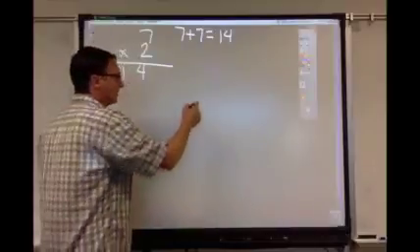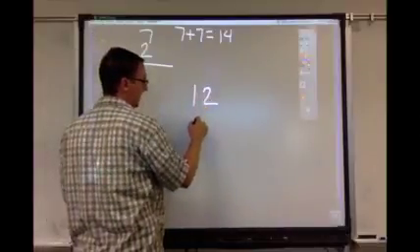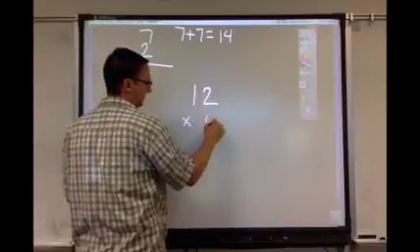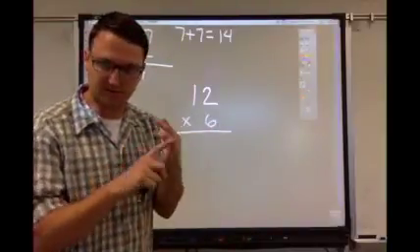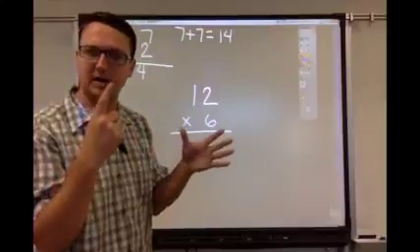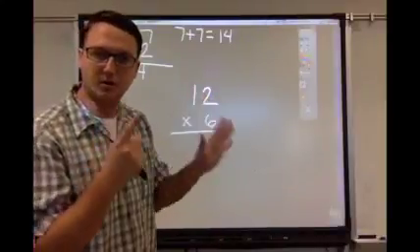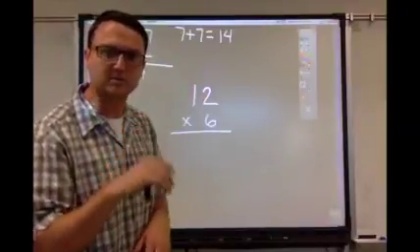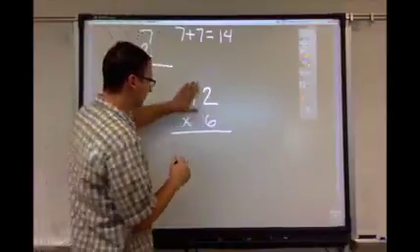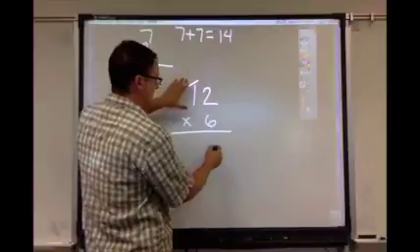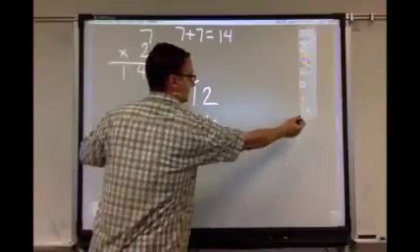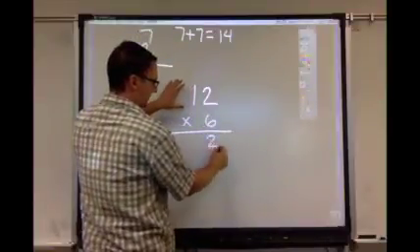And we can take that one step further. 12 times 6. So if we want to do 12 times 6, we can do 12 plus 12 plus 12 plus 12 plus 12 plus 12. And we can get our answer. Or we can do the columns and the rows things. Or we can do 6 times 2 is 12.